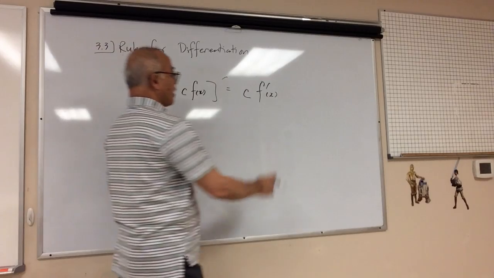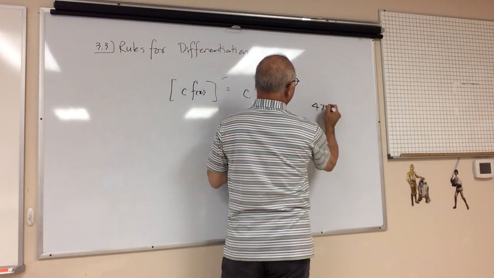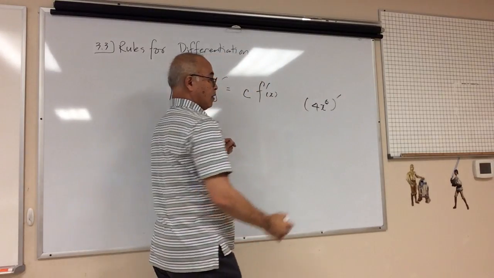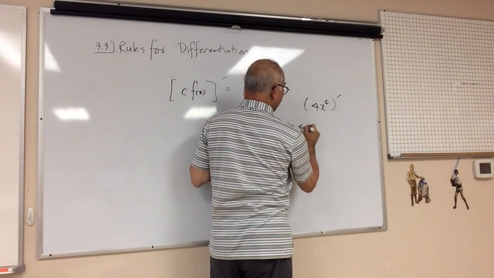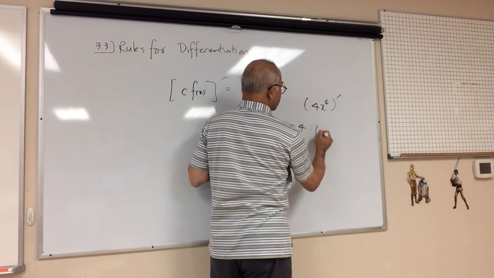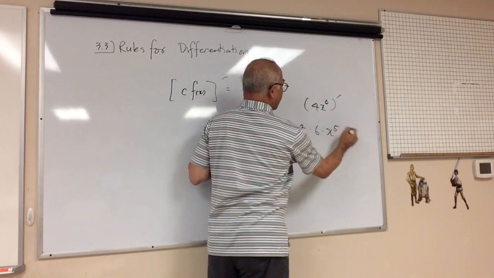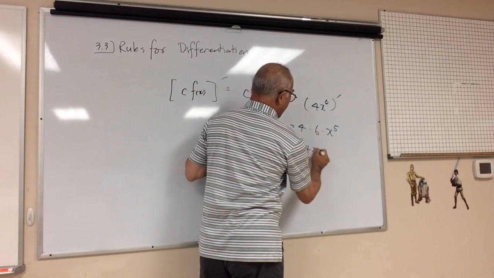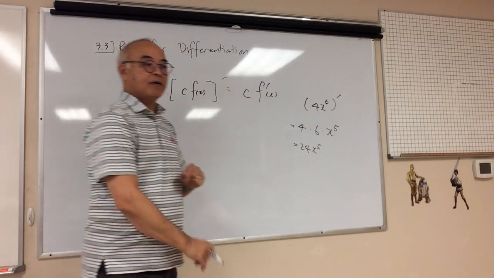So if I have 4x to the 6 and I take the derivative, I would have already taken the 4 out, and I would take the derivative of x to the 6. The 6 comes forward, so it's going to be 24x to the 5th.